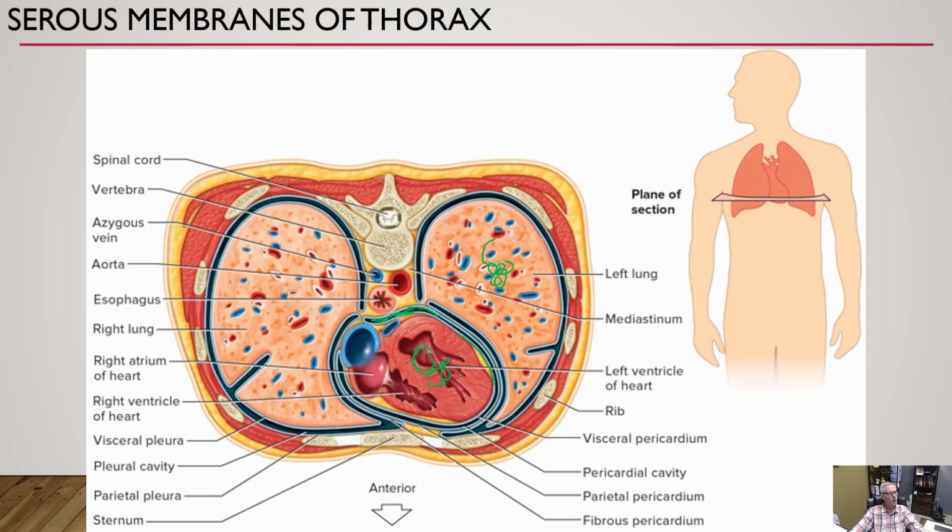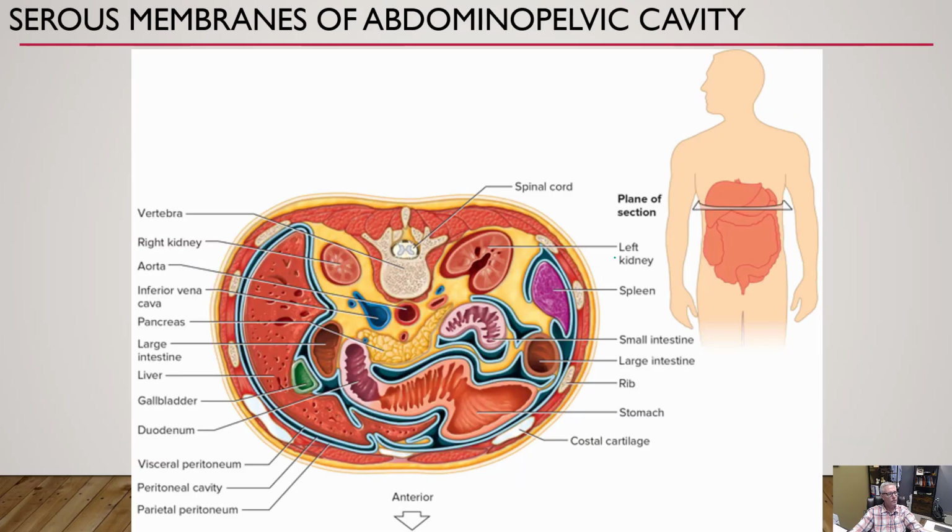So we'd have our visceral layer, and then our parietal layer, our parietal pleura, and then our serous fluid here. Here is just another example of our abdominopelvic cavity, where we have different visceral and parietal layers filled with serous fluid.